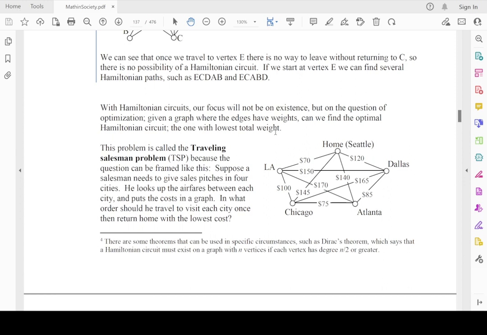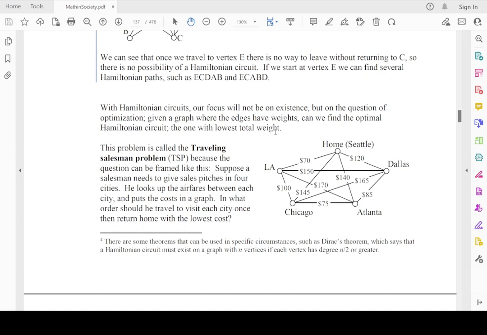You're only looking at one variable, just cost. You want to start wherever your home may be, then map out the different locations and then return home. So a path is not what we're looking at here. Instead, we're looking at a circuit because we do want to wind up back at home.